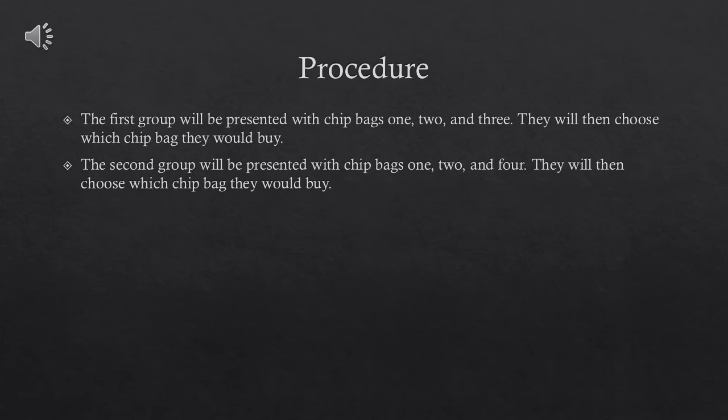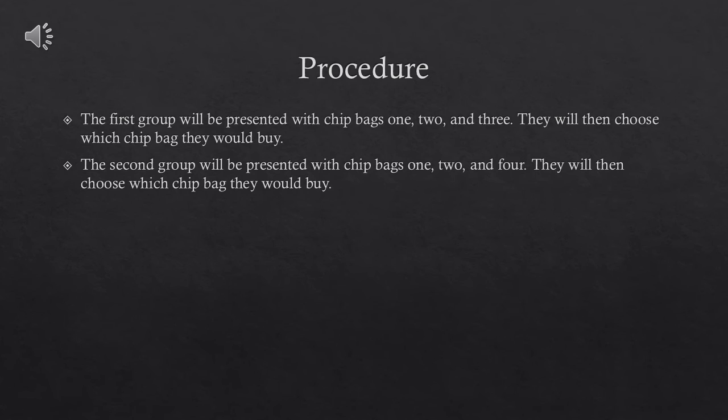So how this research will be done is that the participants will be divided into 2 different groups. The first group will be presented with chip bags 1 and 2, the well-designed yellow and blue, and then they will also be shown the third chip bag, which is the less well-designed version of number 1. Then they will be asked which chip bag they would be most likely to buy.